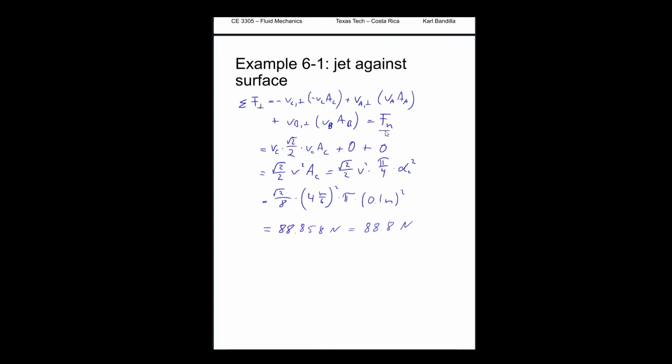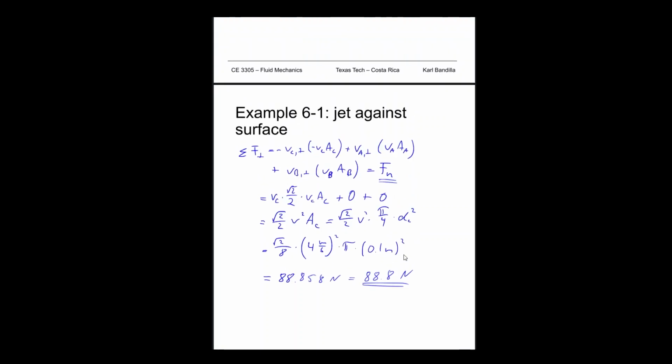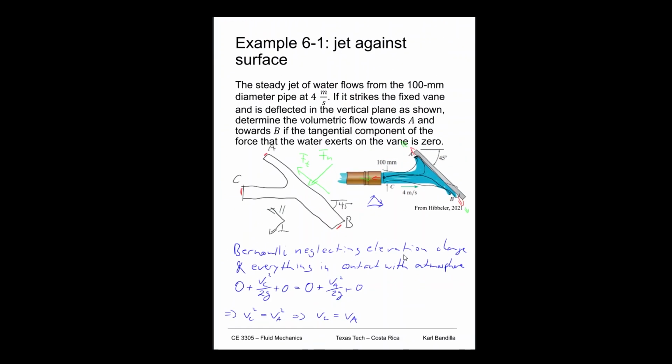And I have my Fn up here somewhere. Excellent. So that gives us the force that we're looking for at 88.8 Newton. It makes sense that our normal force will be pushing against this because we're shooting the water against that little plate. So overall, it seems to make sense to me.